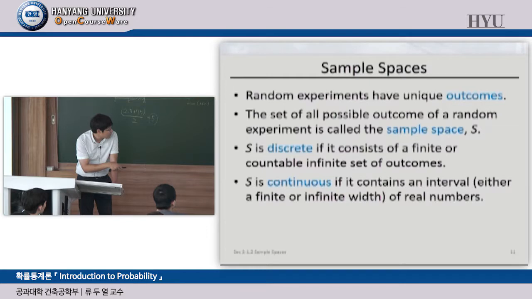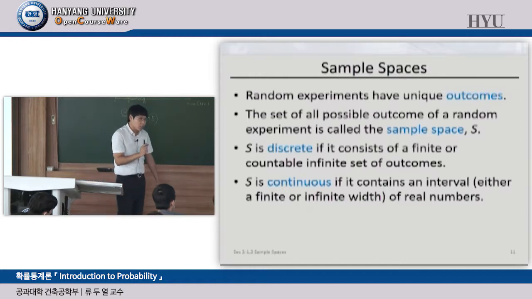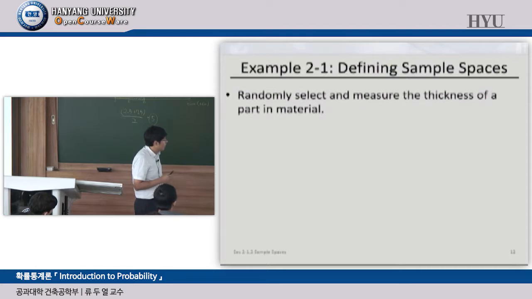And the sample space can also be a continuous system, which contains an interval, either of finite or infinite width, of real numbers. In this case, we cannot count the number of items included in the sample space. And this is a typical example for defining the sample spaces.